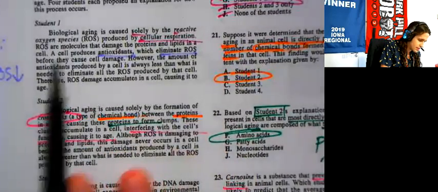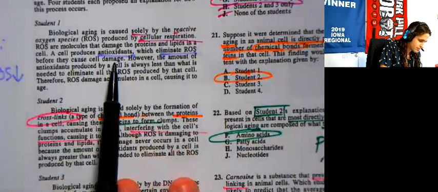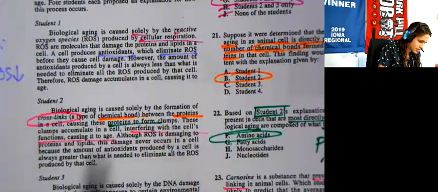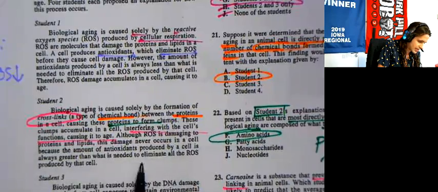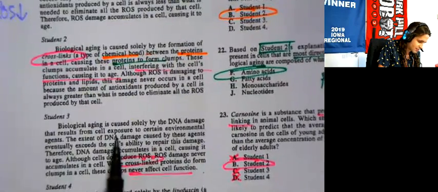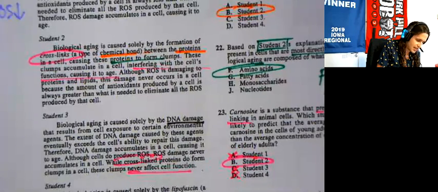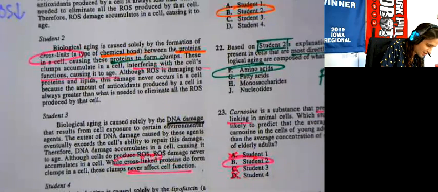One talks about cell damage. 2 talks about clumps. 3 talks about DNA damage. DNA damage sounds a lot like mutations.